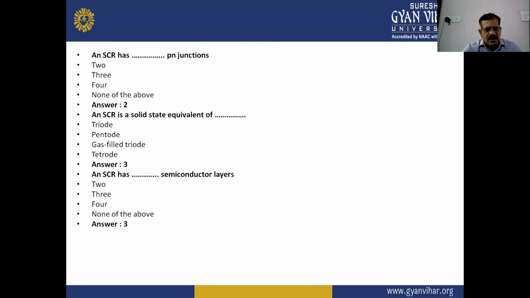So here the correct option is 4 layers, because in a silicon controlled rectifier there are a total of 4 semiconductor layers, which may be PNPN and also NPNP.